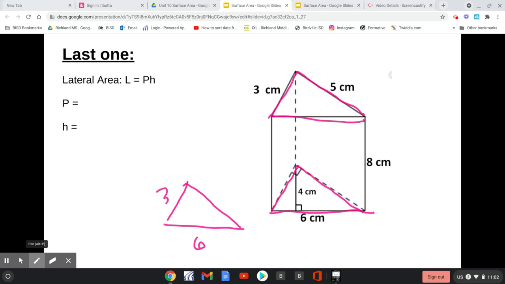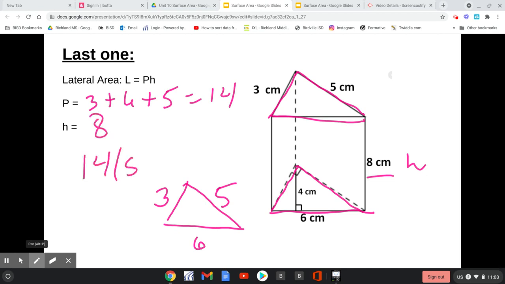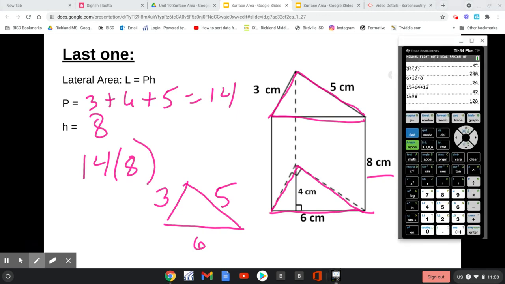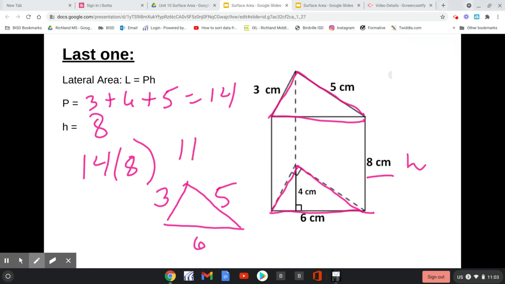So we know we have a 3 and a 5. So I have 3 plus 6 plus 5 equals 14. And the height of this thing is 8. So 14 times 8 is our answer. And that number is 112.